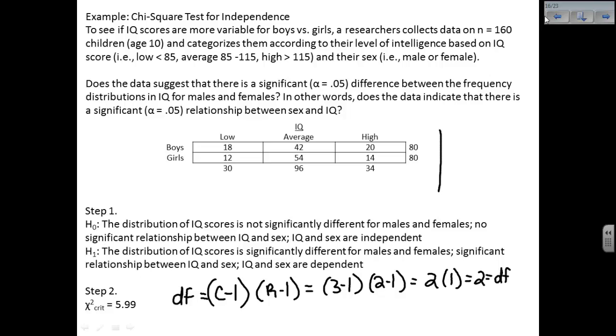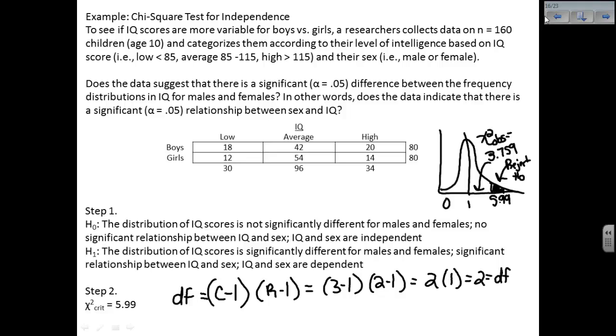So if we drew this out, sometimes it helps to draw. 5.99. Our chi-square observed of 3.759 does not fall in this critical region. So we cannot reject the null.